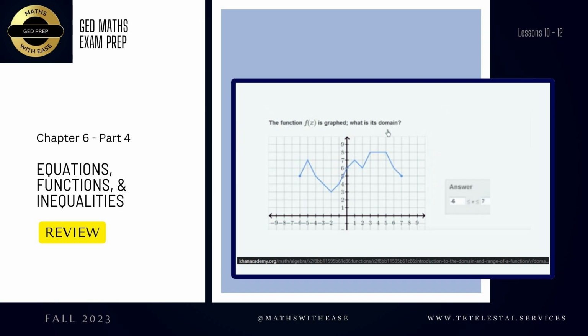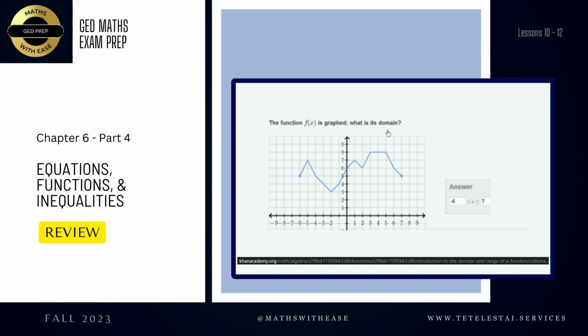And the domain essentially represents the x-axis. Then if we move over to the right-hand side, we see that the highest value is at +7. So if you think in terms of highs and lows, remember that we already established that negative numbers are always lower than positive numbers.